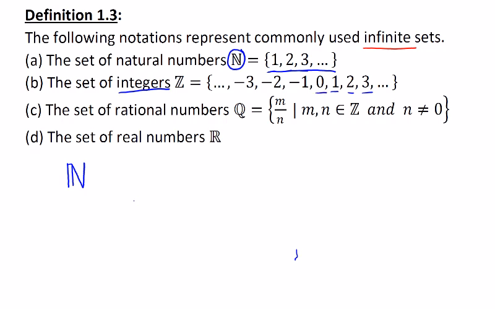We also get the opposite of each one of our positive integers. So we're going to end up with another infinite set. We can go infinite in the positive direction, or we can go infinite in the negative direction.